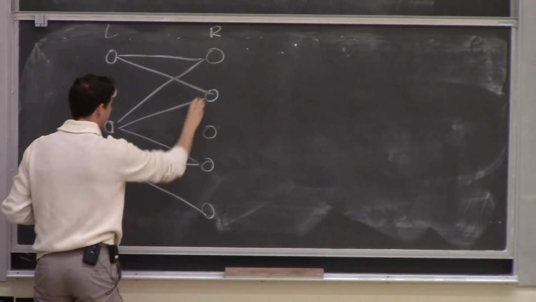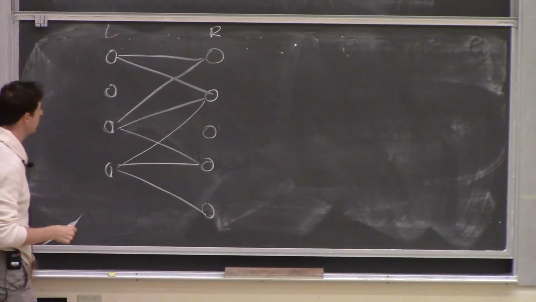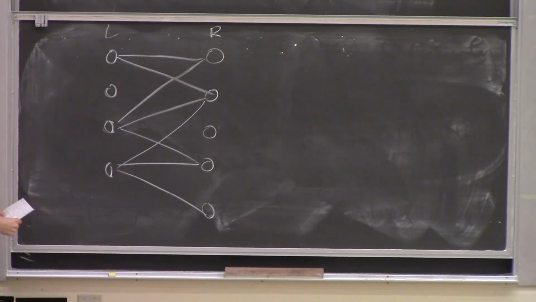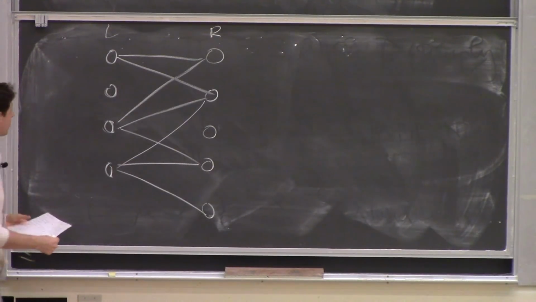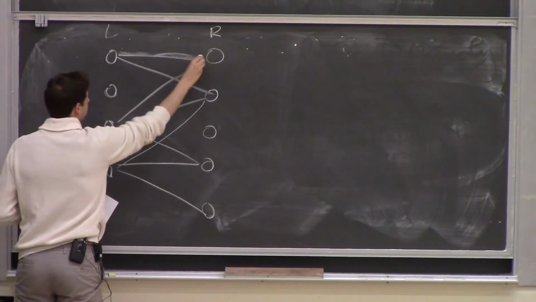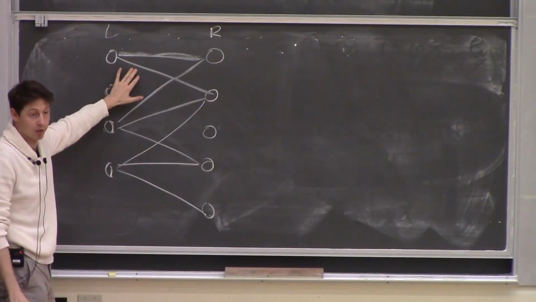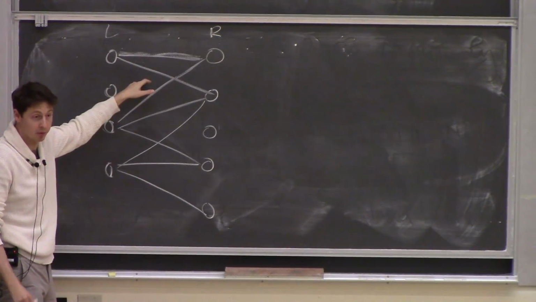And you want to pick out a subset of edges that maximizes its size as a matching. So for example, if you were to pick this edge, that already excludes this other edge as being part of the matching, because then these two edges would share an endpoint, okay?